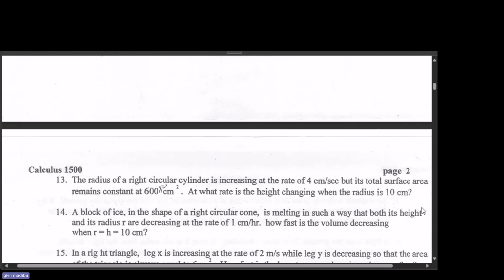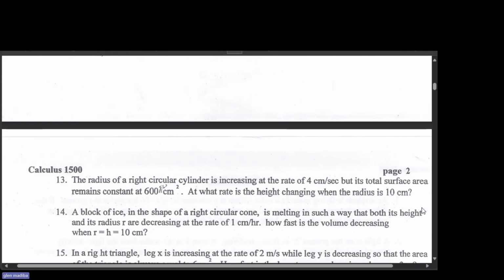A block of ice in the shape of a right circular cone is melting in such a way that both its height and its radius r are decreasing at a rate of 1 centimeter per hour.